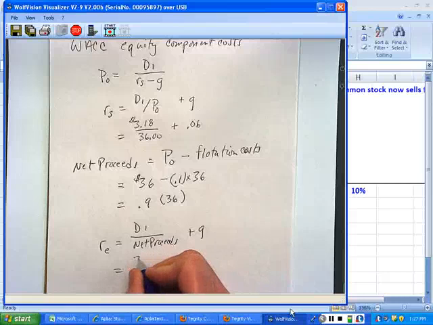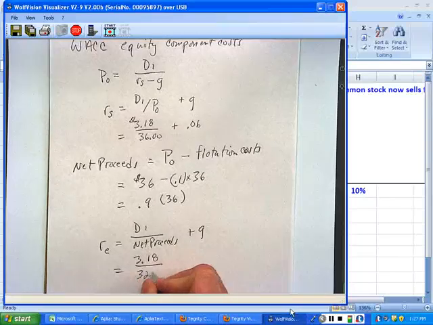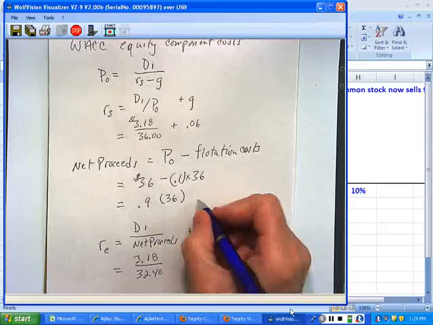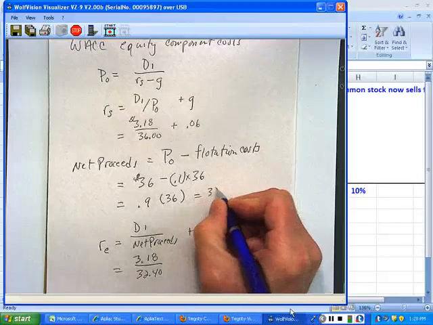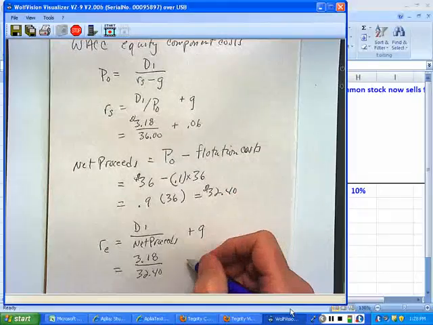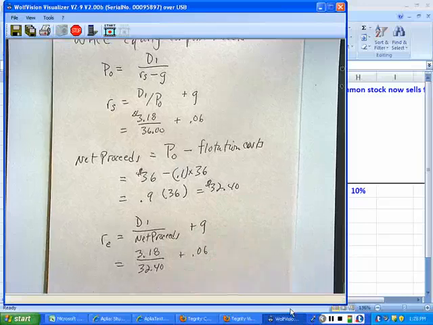So now this is $3.18, but divided by $32.40 rather than the $36. We don't get to receive all of that. We just get $32.40. So it means we've got to be looking at projects that have a much higher rate of return than we would have had previously, and we'll add to that the 6% growth rate.